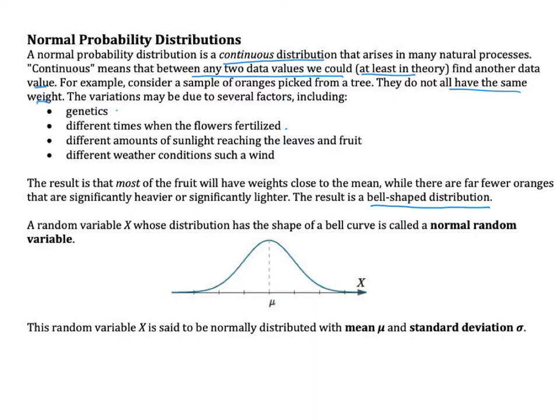So a random variable x whose distribution has the shape of a bell curve is called a normal random variable. So the weights of oranges, I should say, would take on the shape of a bell curve. In the middle of our bell curve right here, so this is our bell curve going around, the middle is always representative of your mean, and we use this mu for mean.